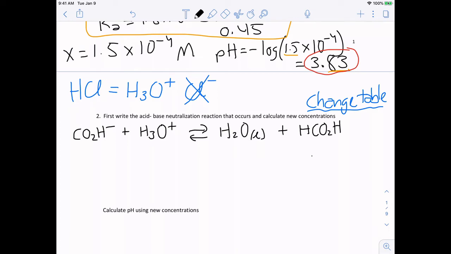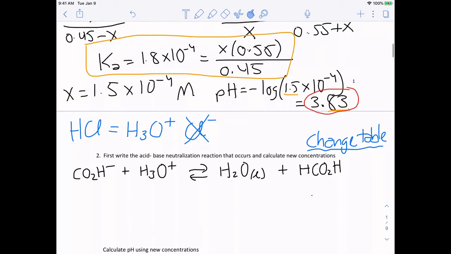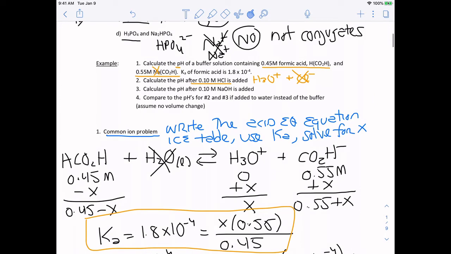My initial concentrations I'm going to write down are the concentrations right from up in the problem. So if we forgot what they are, we'll scroll back up. So formic acid, which is going to be on my product side right now, is going to be 0.45. Formate, which is on my reactant side, 0.55.